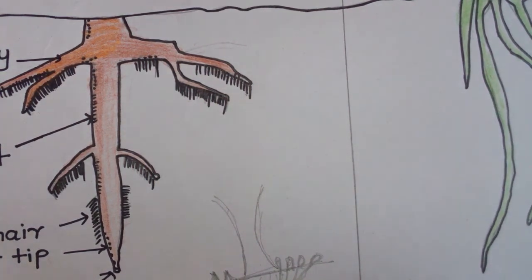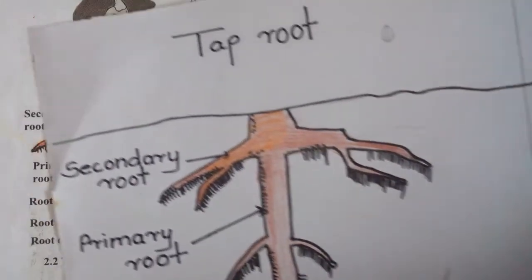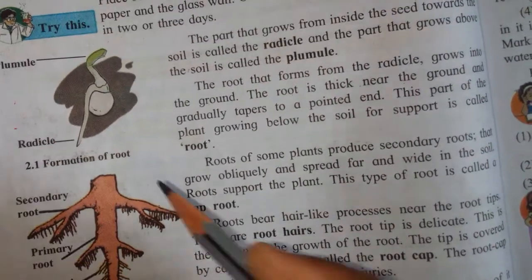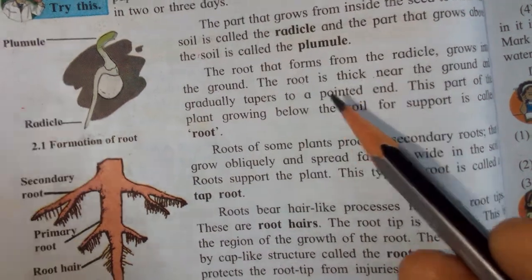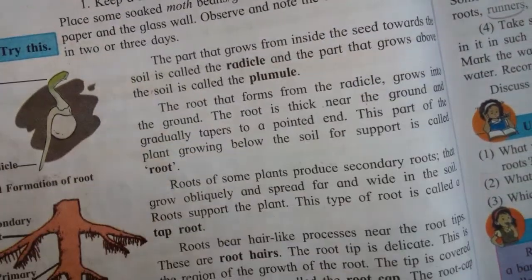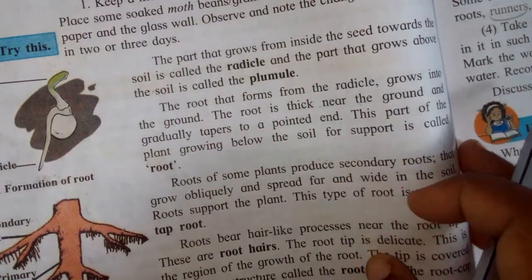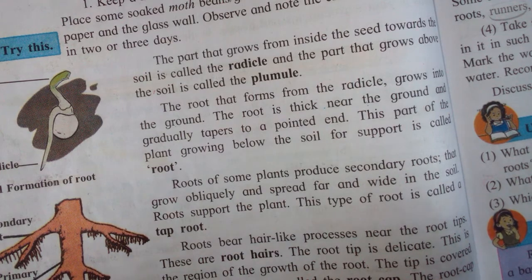Now you have to read this lesson carefully and draw these figures in your notebook: plumule and formation of root, then tap root and fibrous root figure. Okay, thank you.